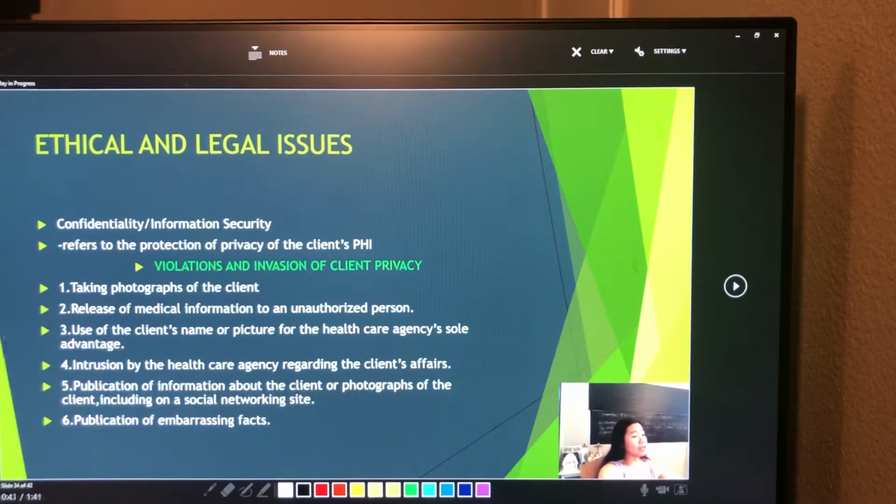Violations of privacy occur in various ways. Here are the examples. 1. Taking photographs of the client. 2. Release of medical information to an unauthorized person, such as a member of the press, family, friend, or neighbor of the client without the client's permission.